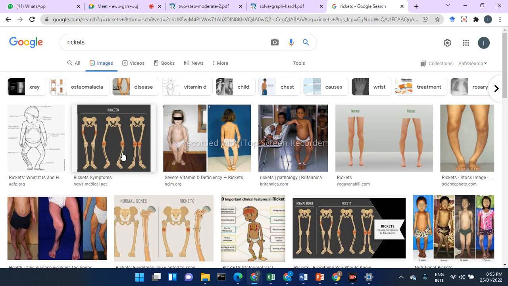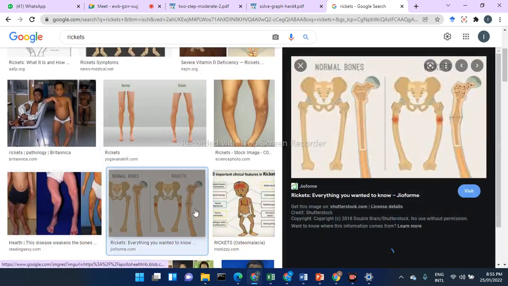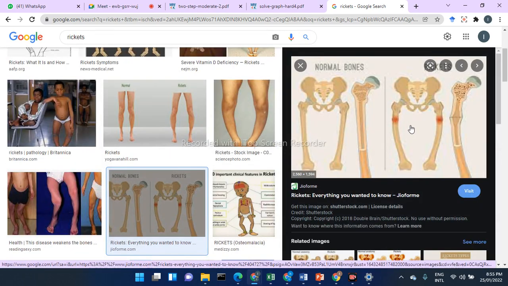Lack of calcium. The good thing is, I like this diagram. So we have the deformed legs. Like you say, we see it a lot of the time. So it affects the bones.